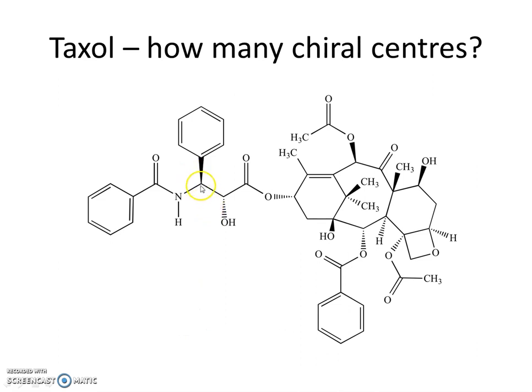We can see 1 center here, 2, 3, 4, 5, 6, 7, 8, 9, 10, 11. There is not a chiral center here because you've got 2 methyl groups which are the same. You don't have a chiral center here because you've got a carbon-carbon double bond, similarly here.